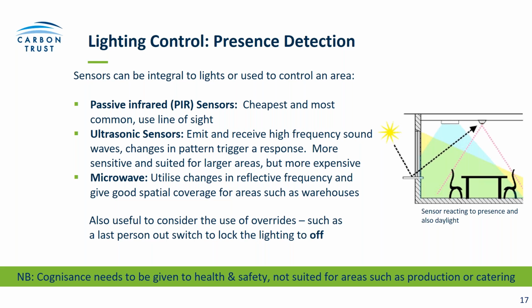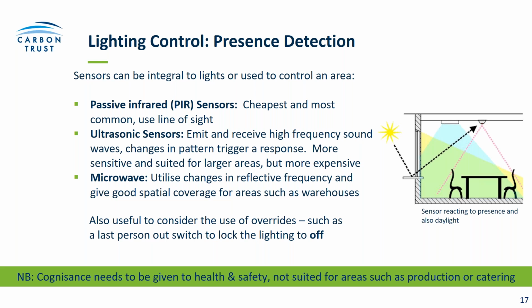It would look at changes in reflective frequency, but would also give good spatial coverage and can cover very long distances. So it can be very effective in areas such as aisles within warehouses. So I think all of those technology solutions are available, and it's worth just determining where best you could use them.